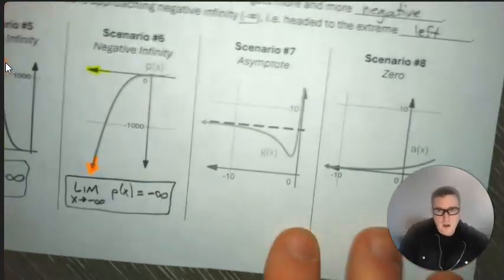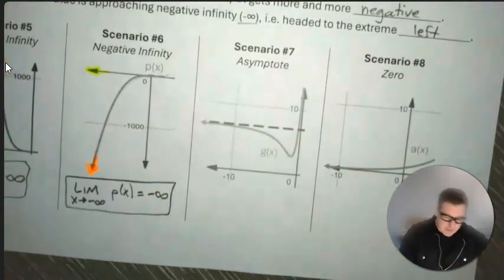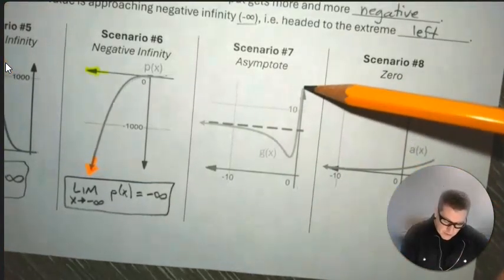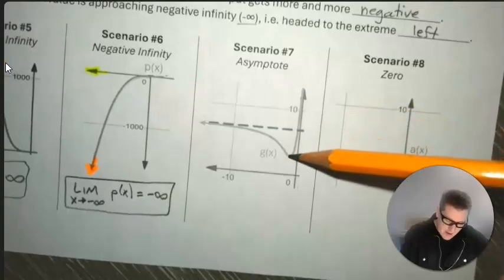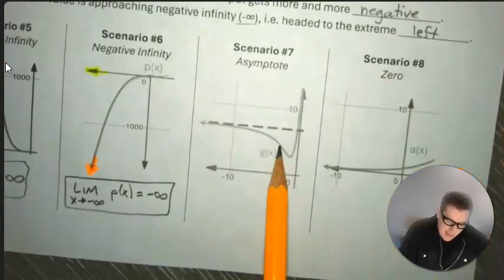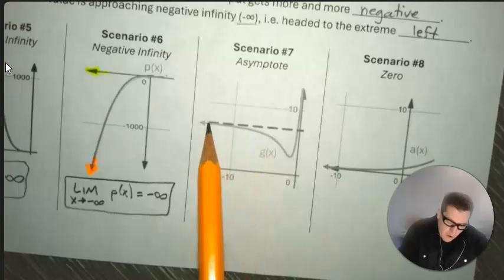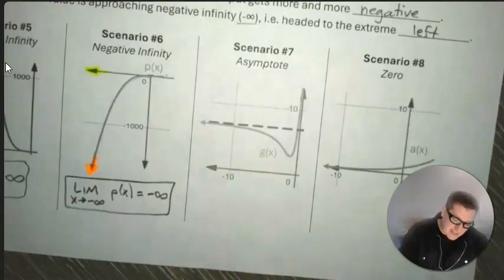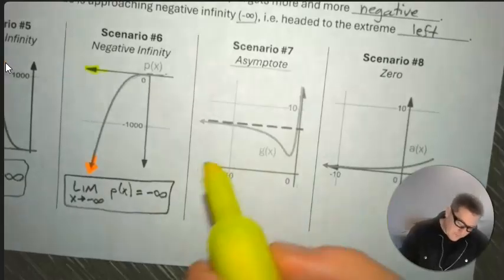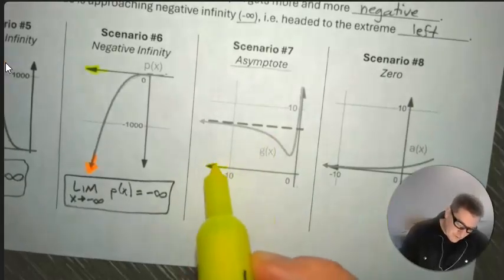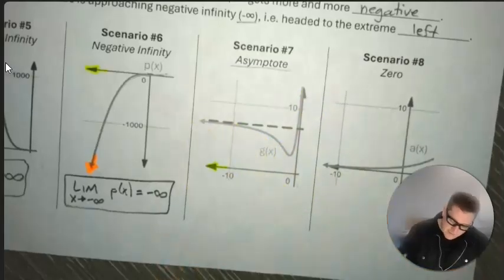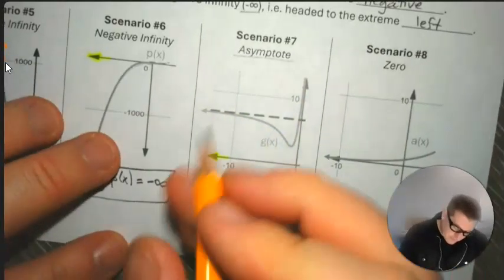Okay. All right, we have another asymptote example here. I have a function that over here it just goes down, it dips down, and then it goes up a little bit. But as it goes up, it won't go past that dotted line. That's an asymptote, right? And so how do we write that limit? Well, my x value, as we go along the graph, is going more to the extreme left.